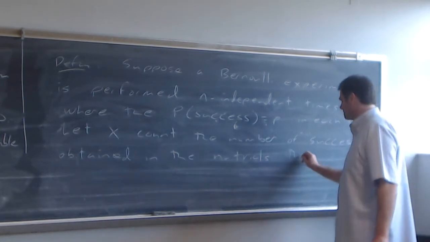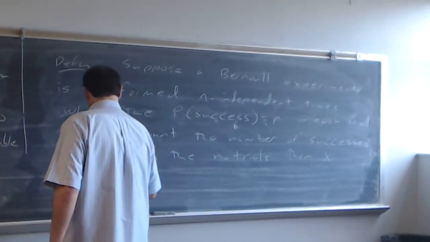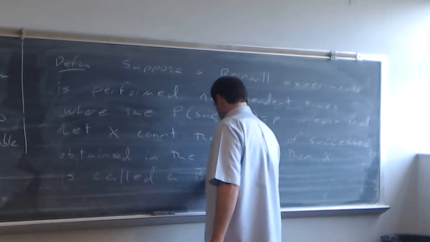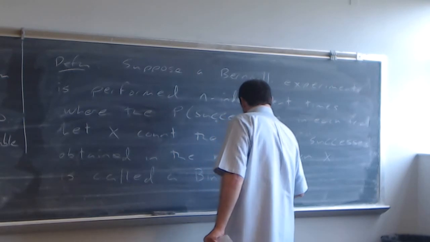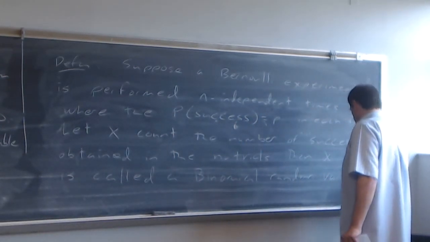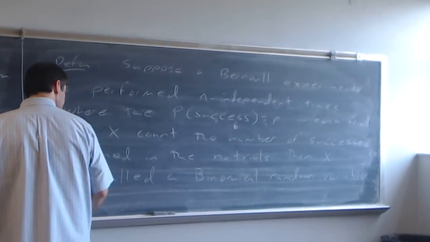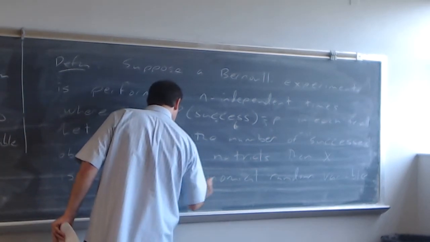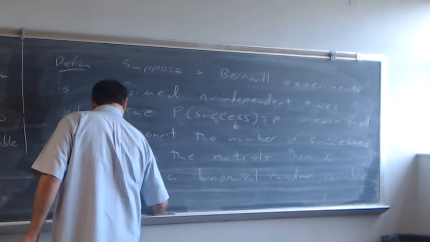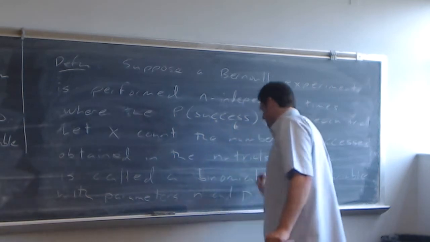Then X is a discrete random variable called a binomial random variable with parameters n and p.